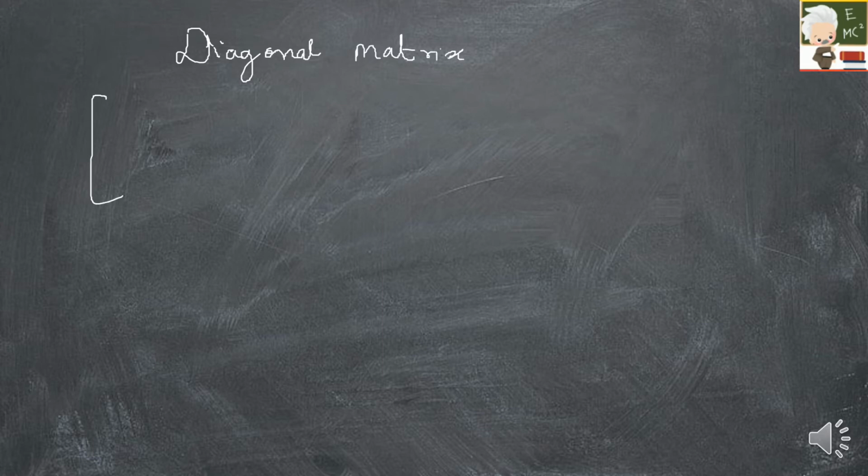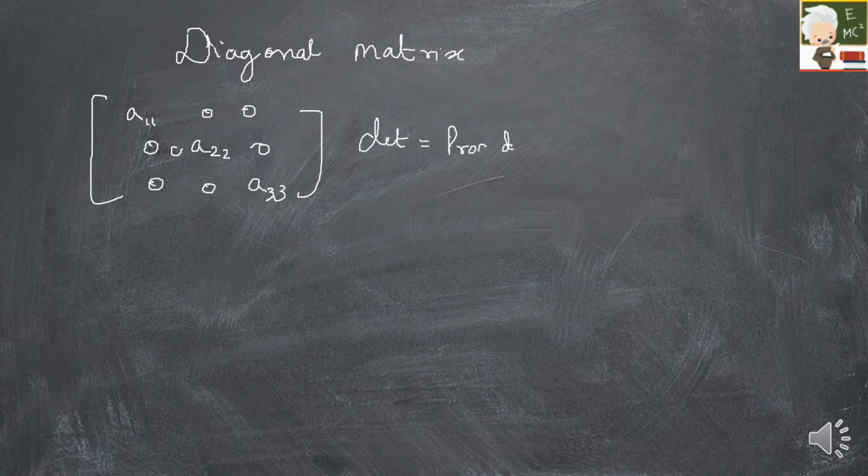A diagonal matrix is something like this: A11, 0, 0, 0, A22, 0, 0, 0, A33. If you find a diagonal matrix in your question and they ask you to find the determinant, you can write that the determinant is equal to the product of the diagonal elements.